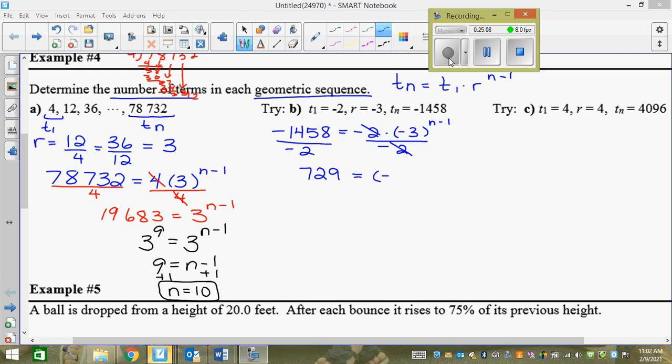Now, a negative number becomes positive when it's raised to an even exponent. A negative number stays negative when it's raised to an odd exponent, right? So even though these don't match right now, I can make this one be base -3 to something, and it'll become positive 729 if this something is even.